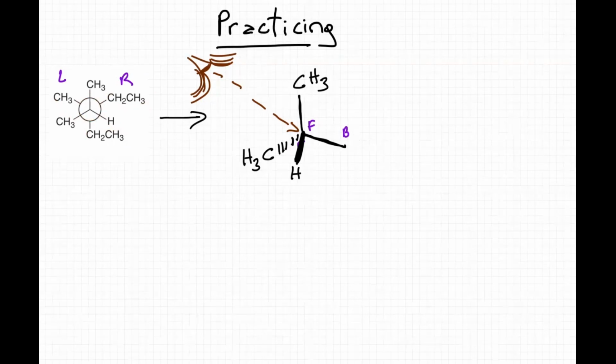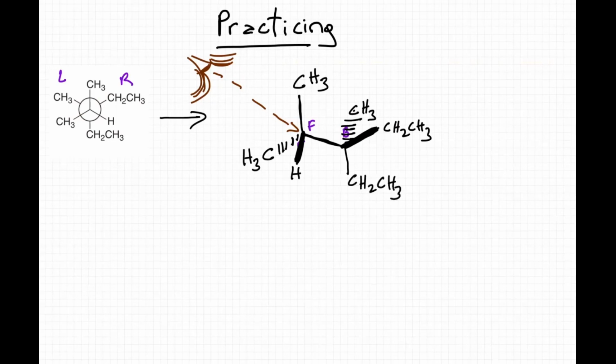So let's put it in the back like this. So they put CH3. We should have the other one sticking out, going in the front, which is CH2, CH3, and we should have the other one going down, CH2, CH3, which is another ethyl group.